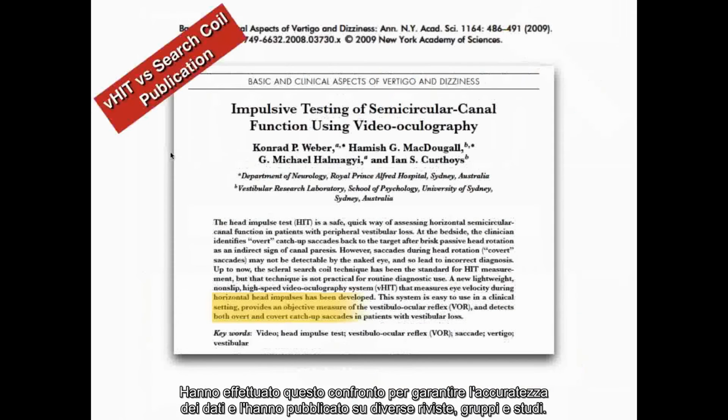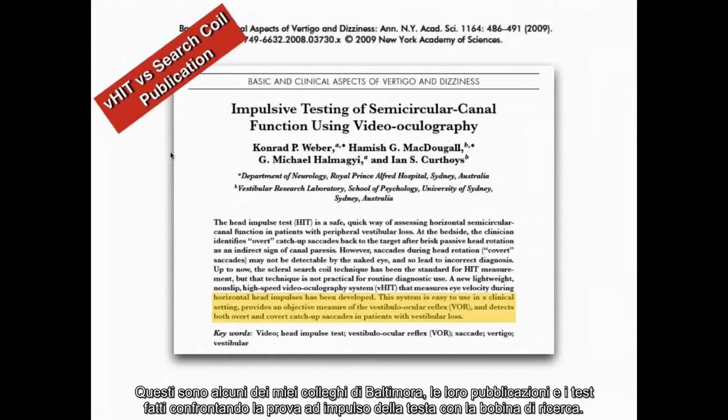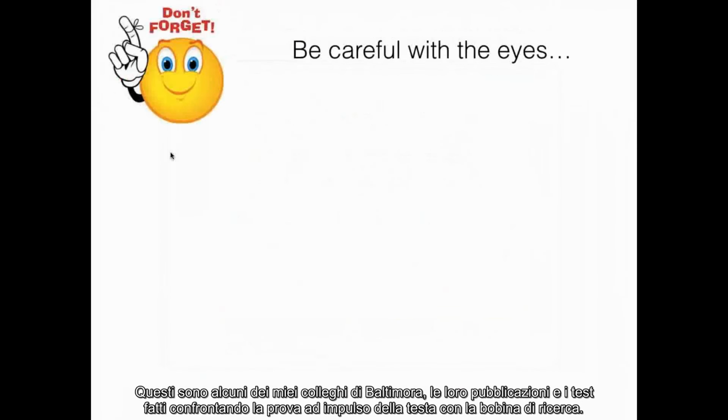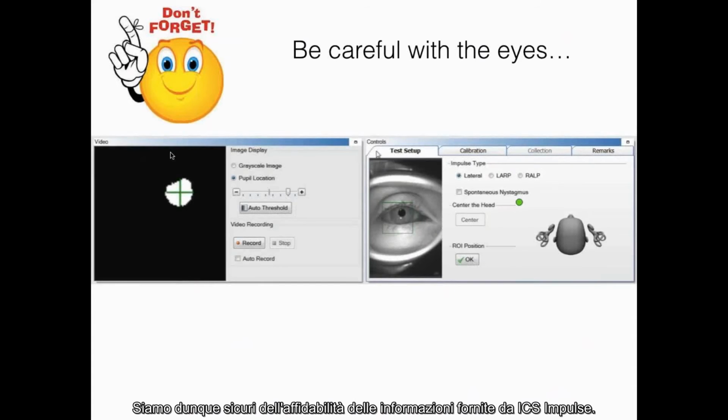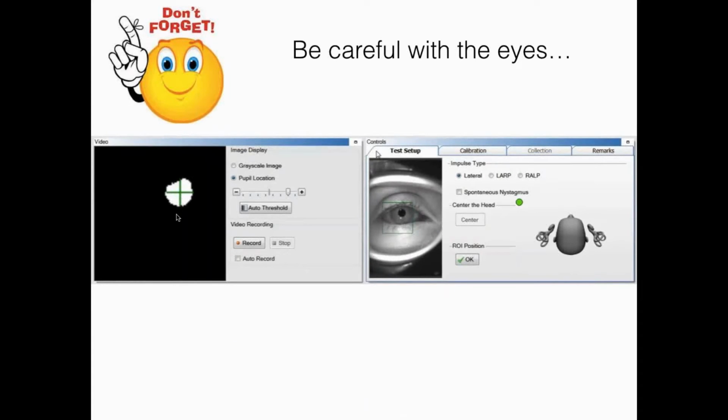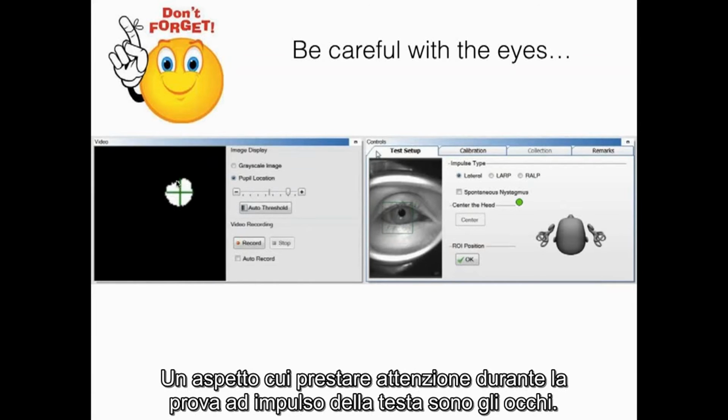You see there are a lot of different groups, the Sydney group, and these are some of my colleagues from Baltimore. They have been publishing and testing the video head impulse versus the surgical coil here. There have been a lot of publications, and we are pretty much confident that the video head impulse gives us very accurate information. So one of the things that we should be careful with in the video head impulse is the eyes.